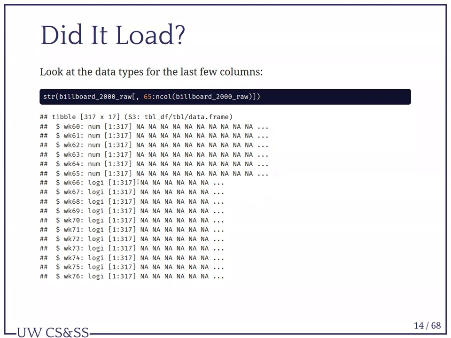And since week 66 doesn't have anything in that first set of guess cells, it guesses that it's logical. So it guesses the minimum amount of information. This will happen from time to time, even though we know that it's numeric.